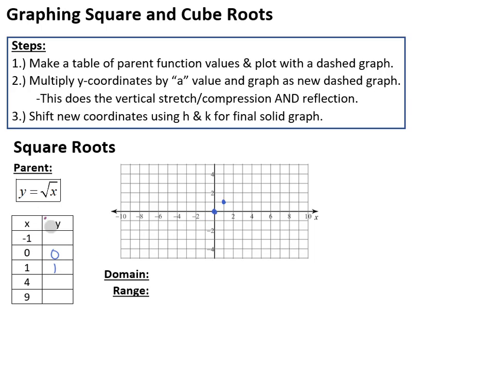If I plug in 4, notice that I didn't plug in 2 here because the square root of 2 is not a nice whole number. It's not something I'd like to graph by hand. Same thing with the square root of 3, right? But the square root of 4, of course, is a nice whole number. The square root of 4 gives us back 2. So write 4, up 2 is our next point.